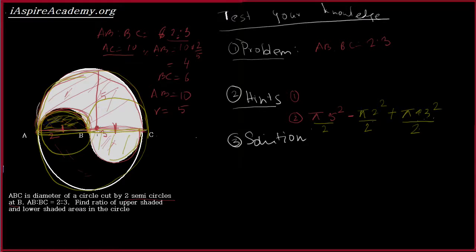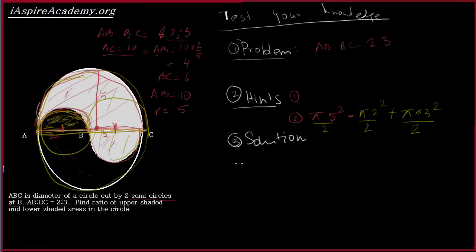So we are taking half of the circle for each of these 3 circles. This is the upper shaded part. So try to find the lower shaded part and then you should be able to find the ratio. If you still can't, continue to see the solution.